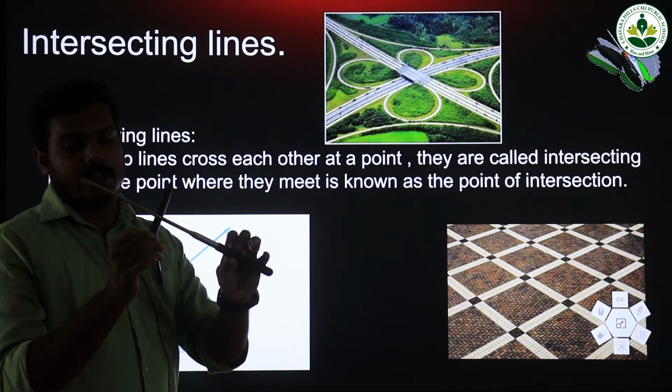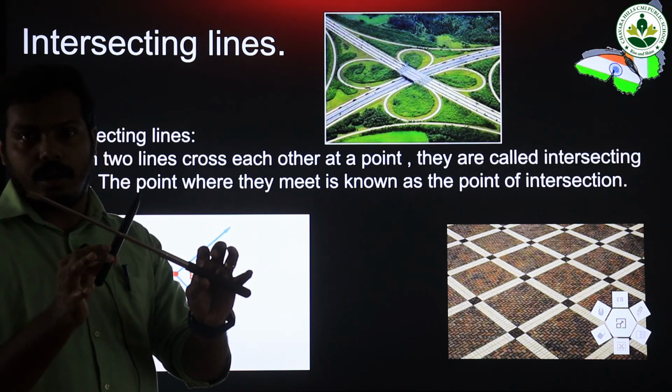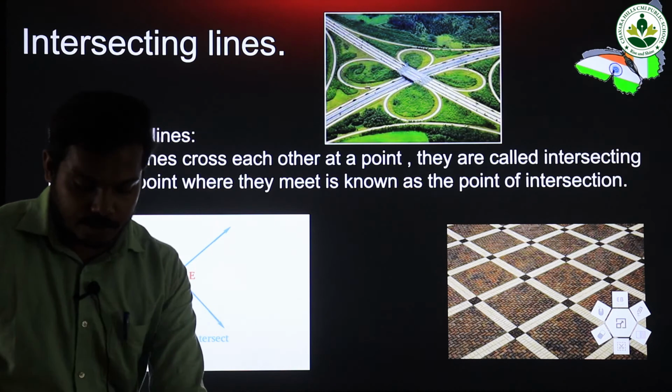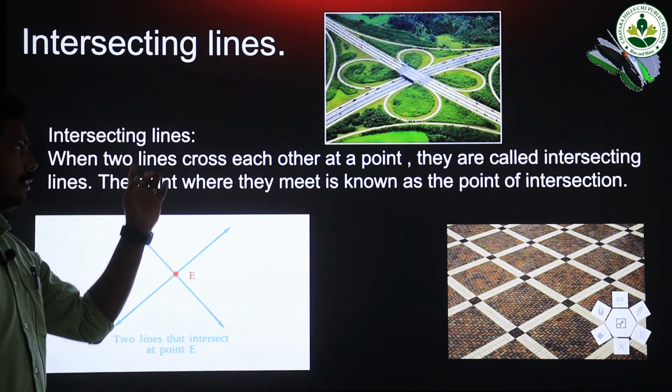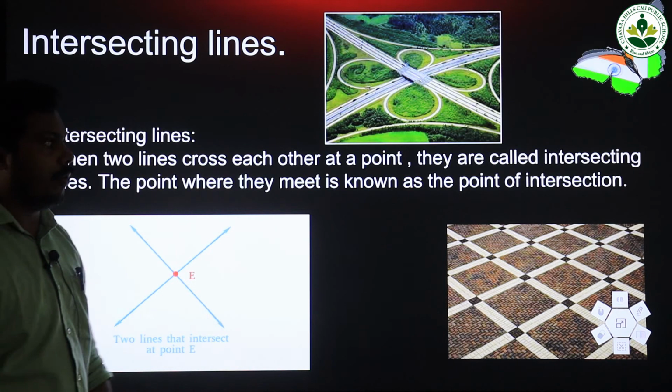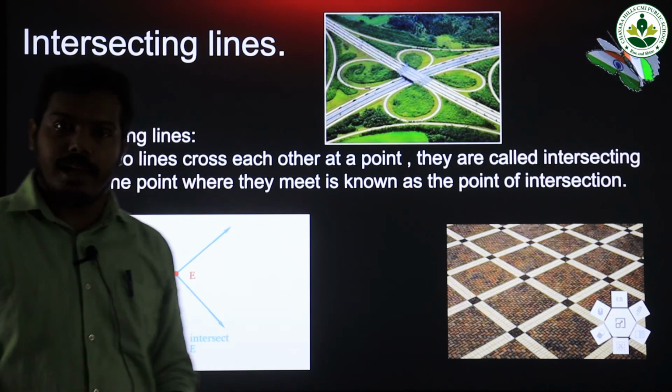Here you can see these two pens are crossed, then that point is called the point of intersection, and since they cross each other, we call them intersecting lines.